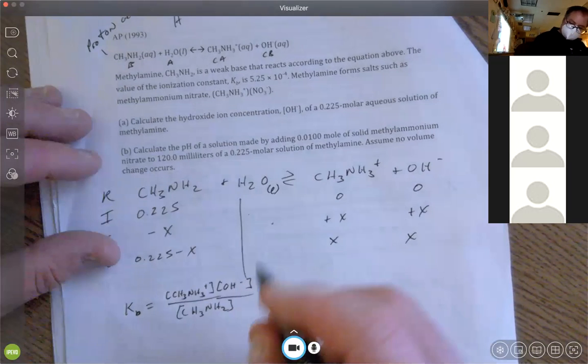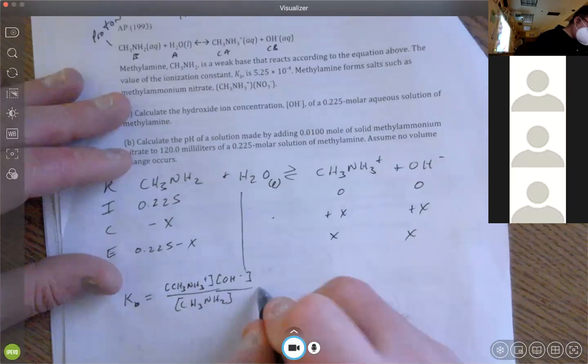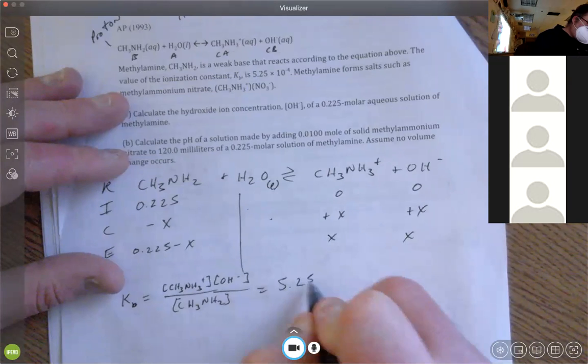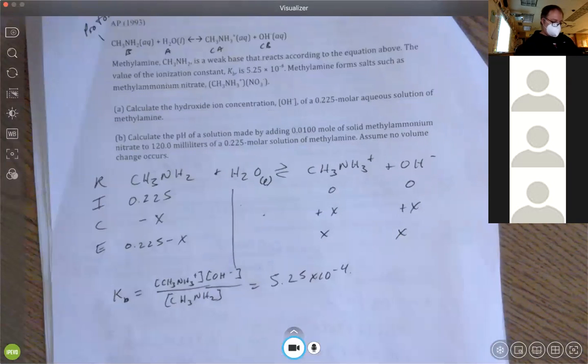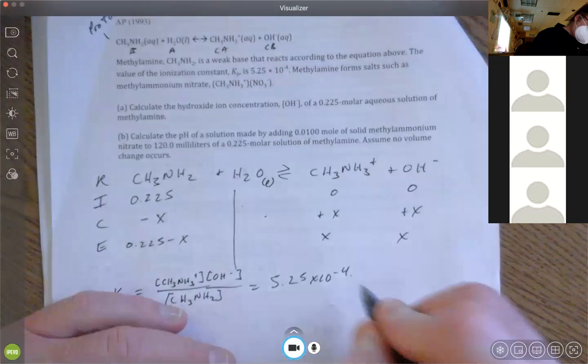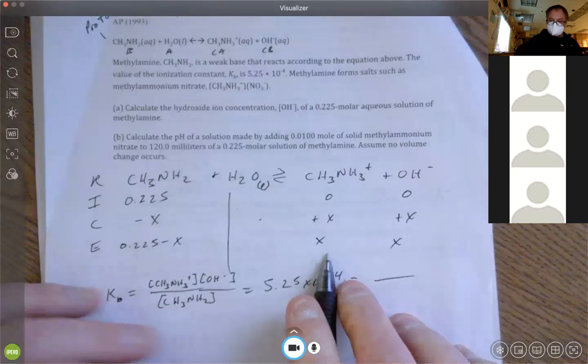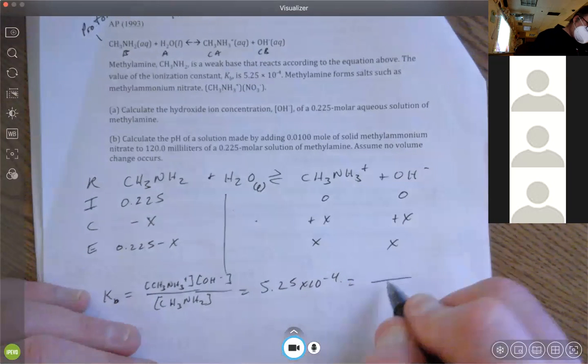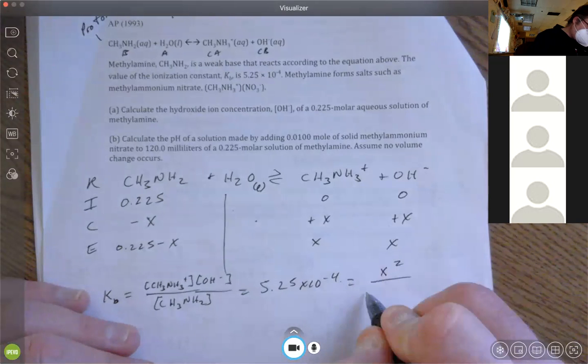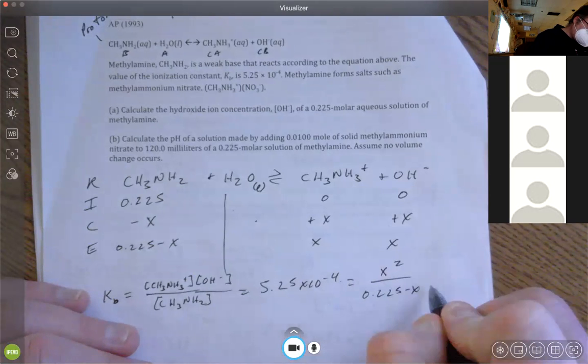We set all of this equal to 5.25 times 10 to the negative fourth, and that is equal to, at the top, x times x, which is x squared, and at the bottom, 0.225 minus x.